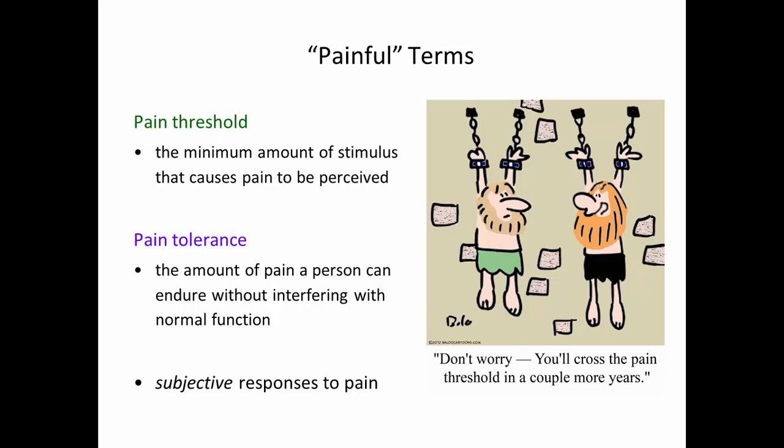So it's molded by the person's age. In general, the older a person gets, the lower the pain threshold becomes. So it takes less and less of a stimulus before a person actually physically perceives that pain. Gender is a factor. In females, they have a lower pain threshold.